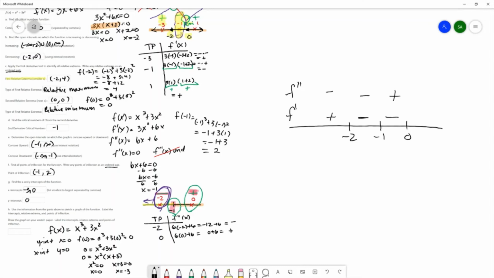And then to the right of 0, for the first derivative, I had positive, which was increasing. And to the right of 0 for the second derivative would be in this interval here, which is concave up. So combining these two charts together is going to explain how to draw the curve in each one of the sections.